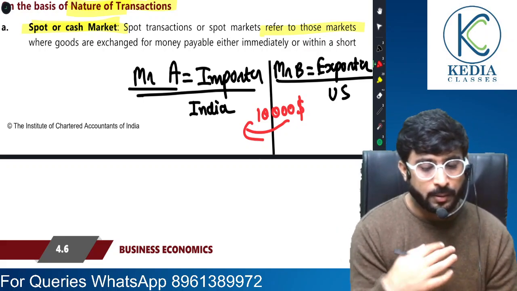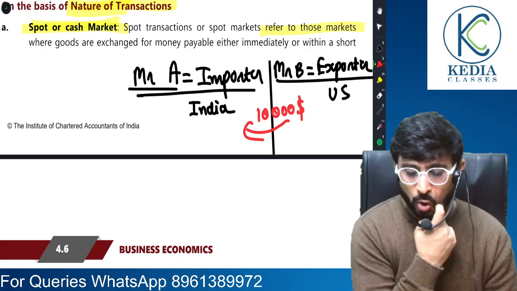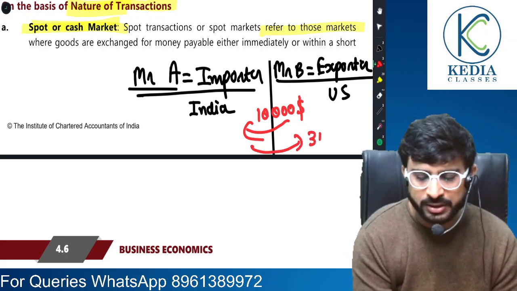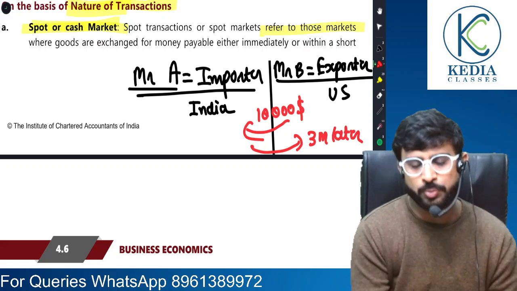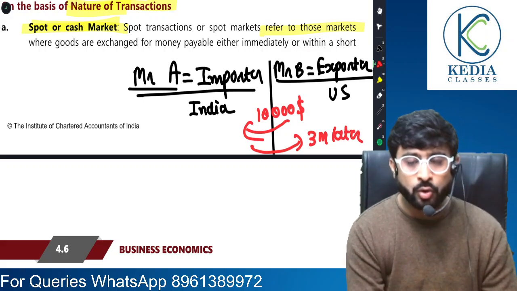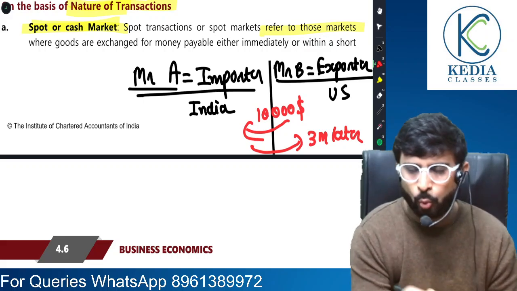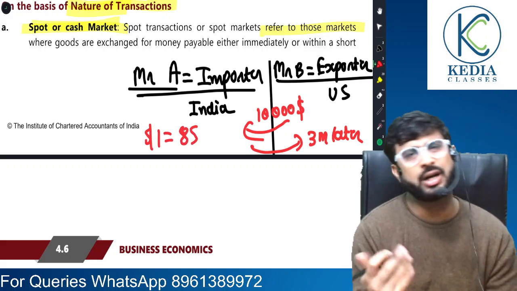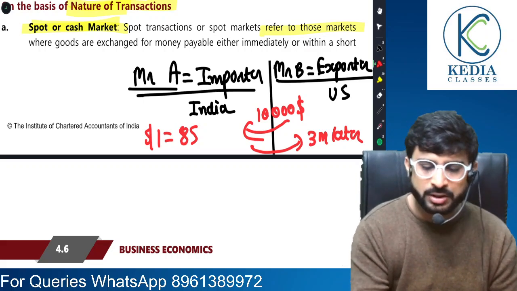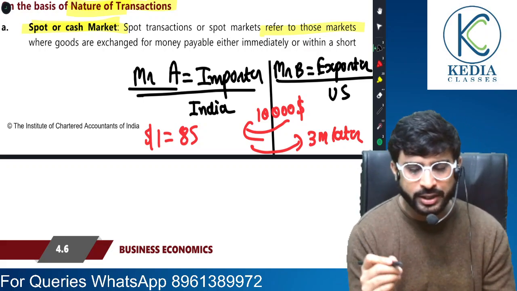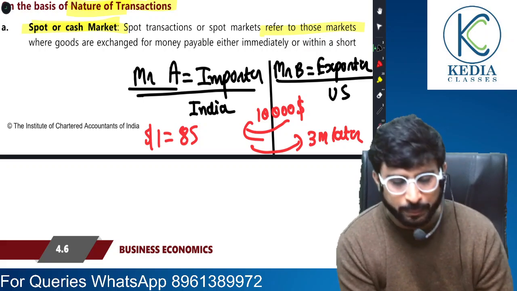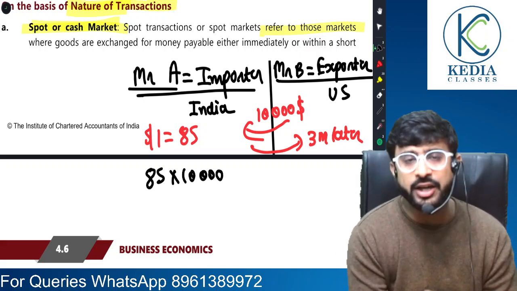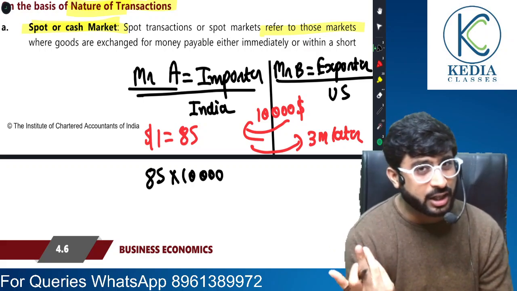Now, Mr. A, the importer, knows that delivery will take 3 months and payment has to be made 3 months later. Now, Mr. A is afraid. Let me tell you what Mr. A is afraid of. Suppose $1 is 85 rupees today. Just assume. Mr. A is calculating that even if I have to make a payment today, 85 into 10,000, because Mr. A is an Indian importer, so Mr. A is thinking in terms of rupees.